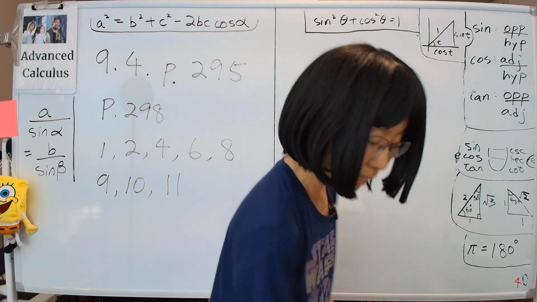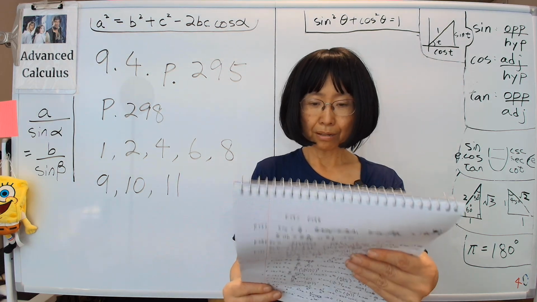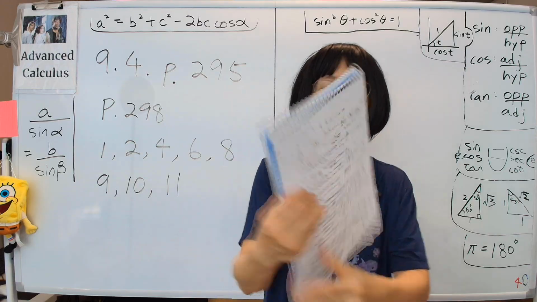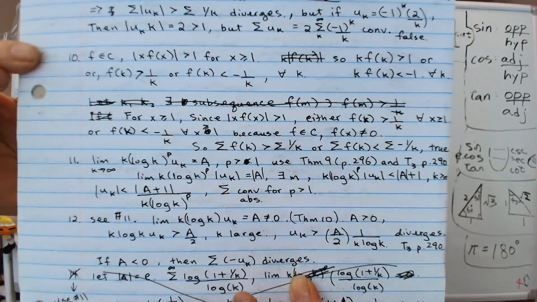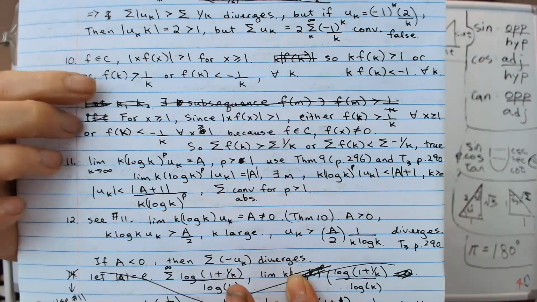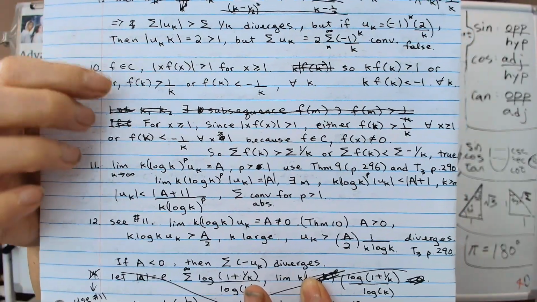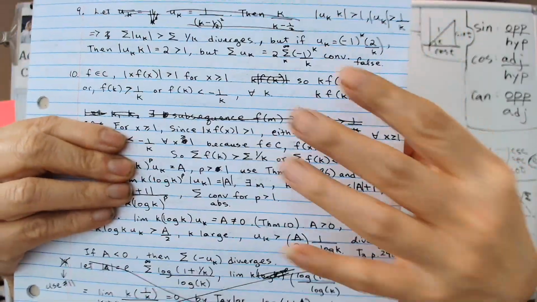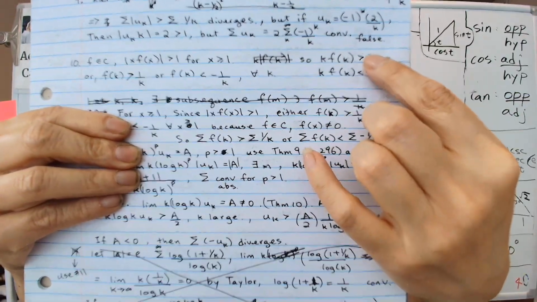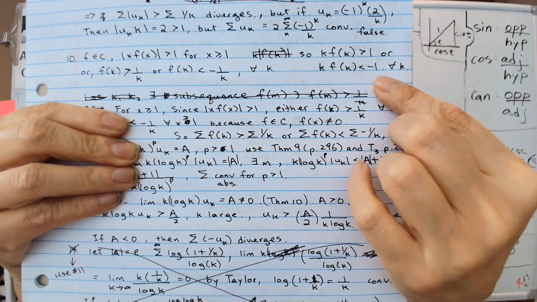Now to prove that, let's see. I have it written down here. What this means is that if the absolute value of x f of x is bigger than 1, that would mean k f of k is either bigger than 1 or k f of k is less than minus 1, right?